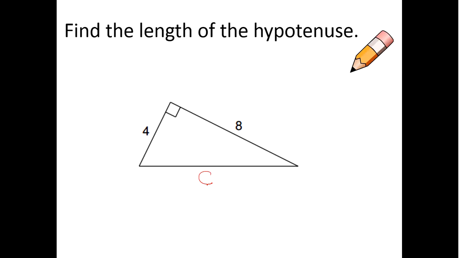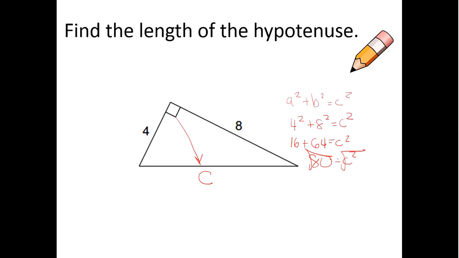Notice we have a c missing, because that's across from the right angle. So I'm going to have a squared plus b squared equals c squared, or 4 squared plus 8 squared equals c squared. So let's figure out what we're going to get. We're going to have 16 plus 64, right? That's 80. So 80 equals c squared.